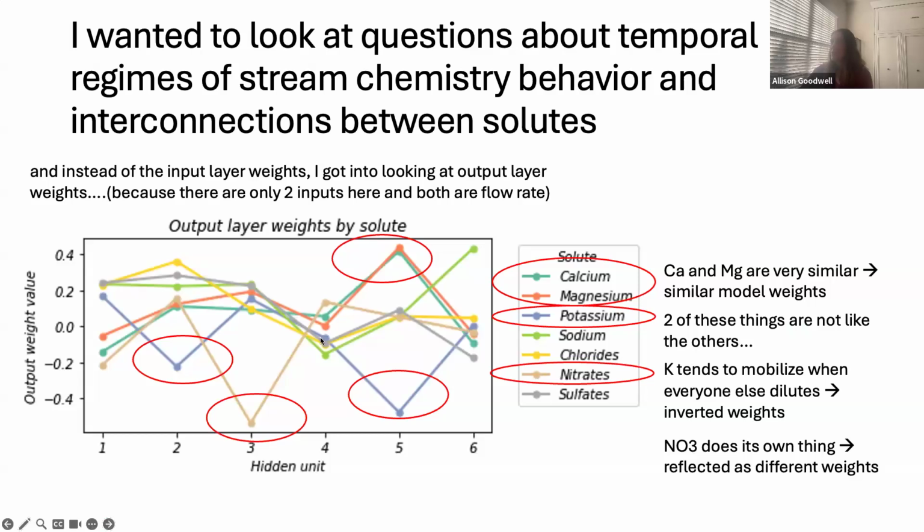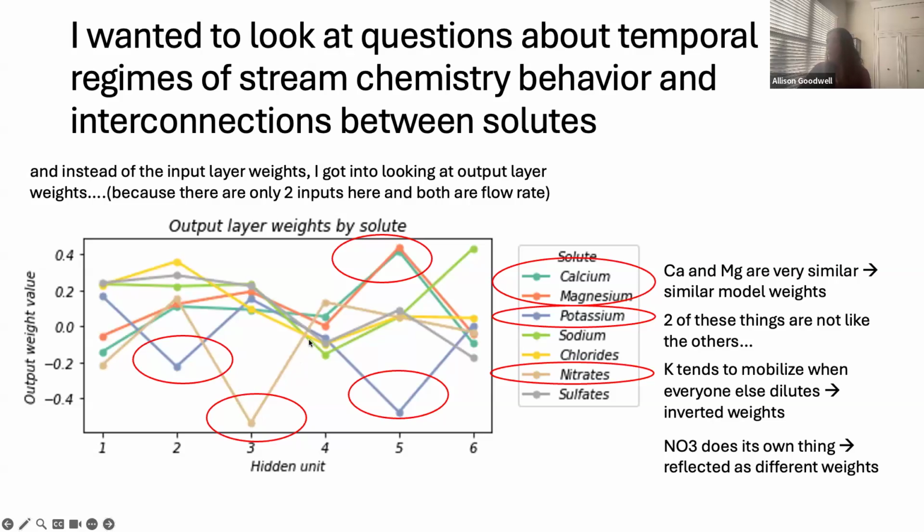You might notice that each of these colors is a different solute, and 2 of these are not like the others. For example, potassium and nitrates are very different. The weights are very different from the general pattern that the other solutes are following. And these are both agriculturally influenced solutes. Like I said, potassium tends to mobilize, and you can really see that the weights are inverted.